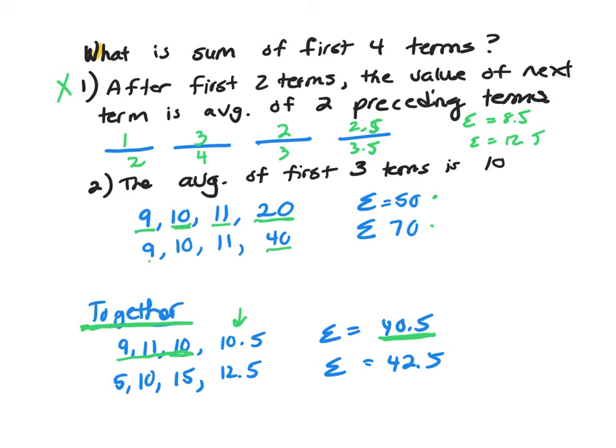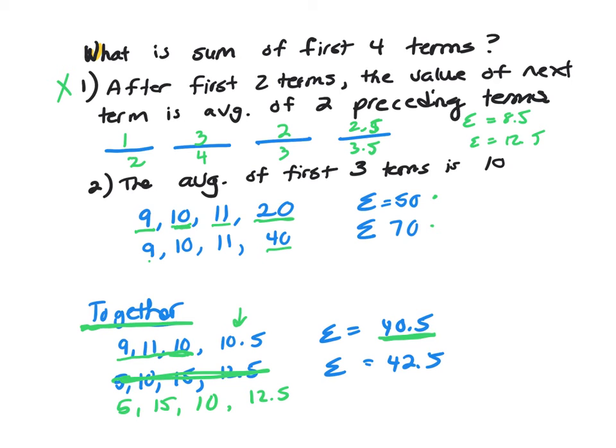So let's see what I want to make that be. If I made it 5, 15, 10. Let's try that. 5, 15, 10. Okay, have 5, and the next one would be 12.5.